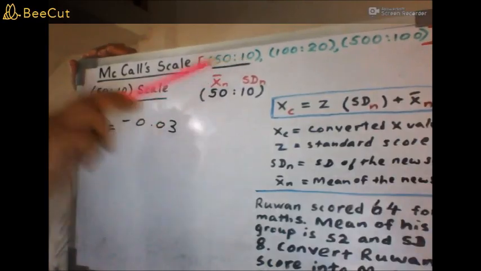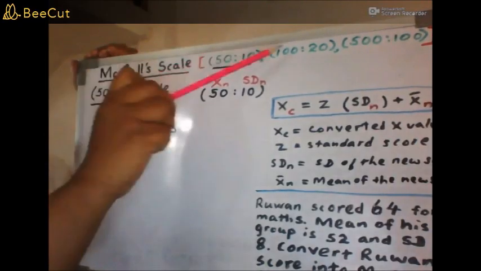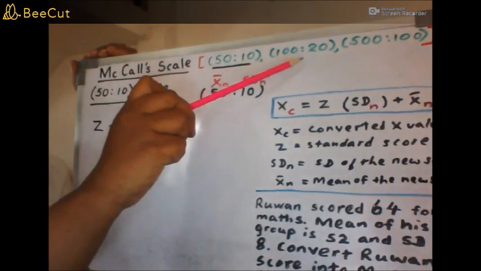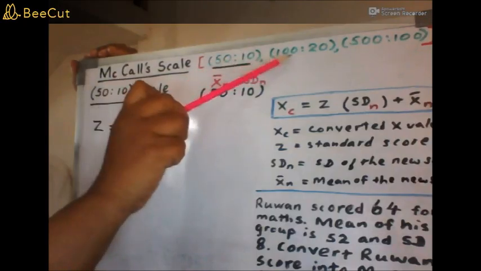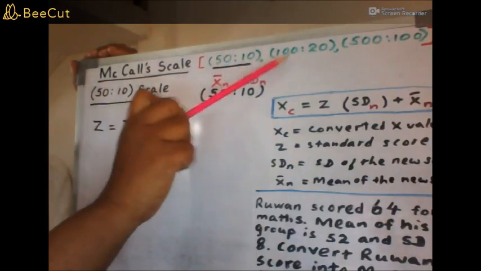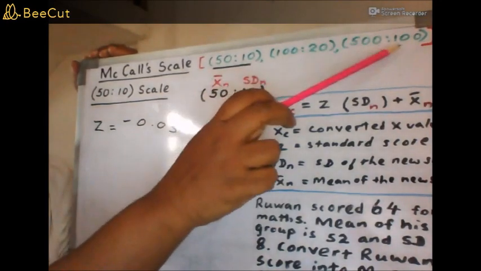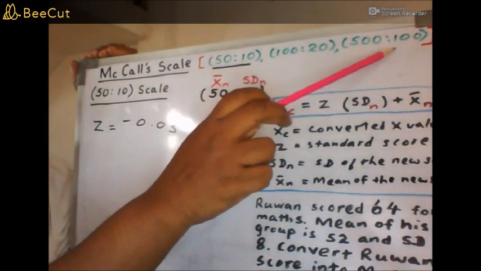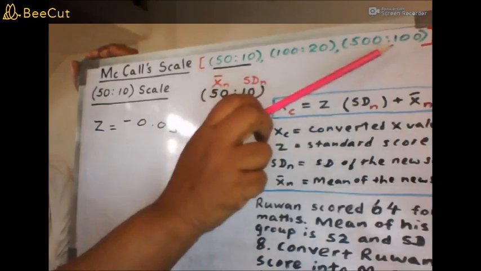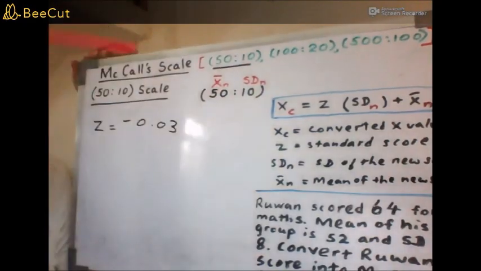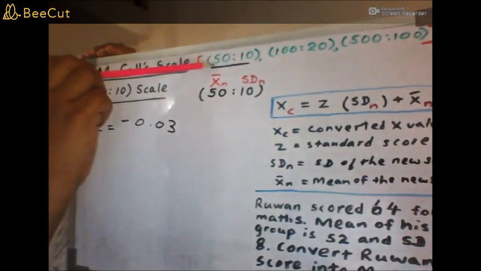That's the way we read. 50-10 means 120, that is twice as this. 50 is 100, 10 is 20. Or 500, 100 means 10 times. So the McCall scale is 50-10.